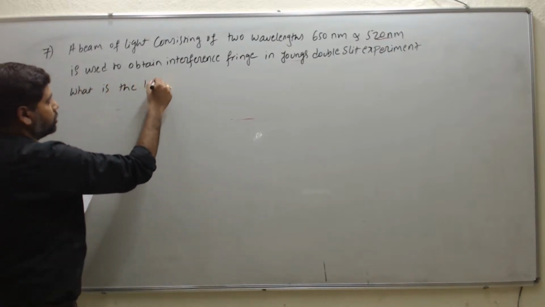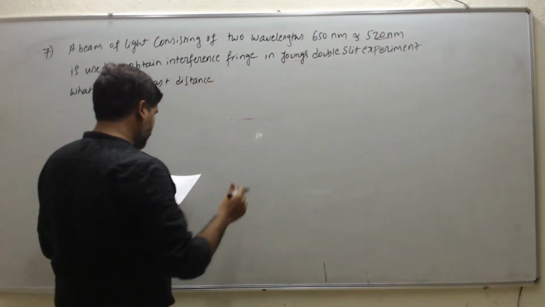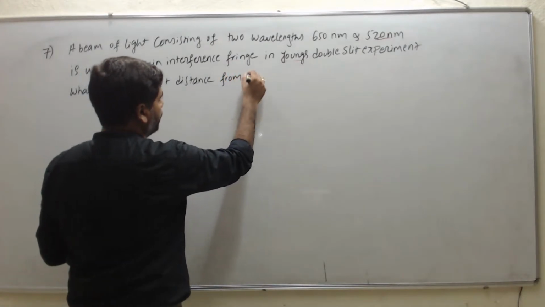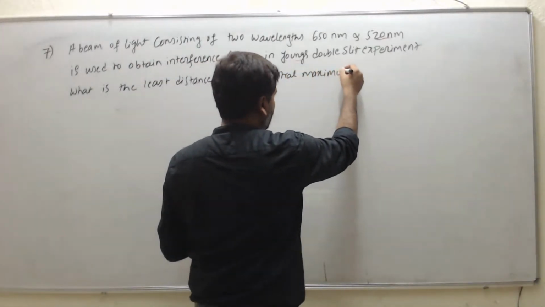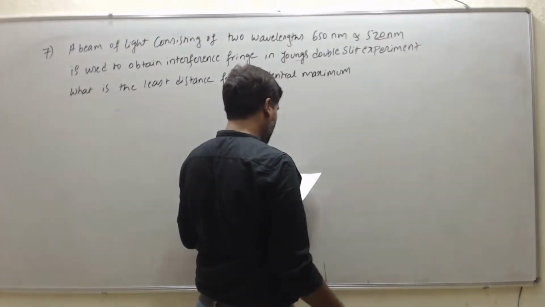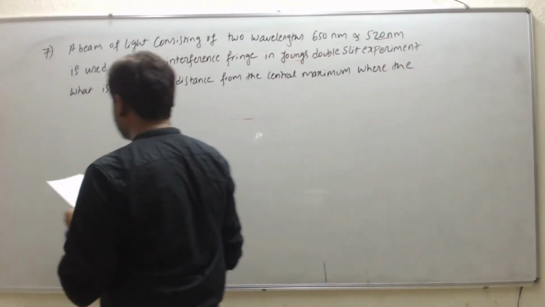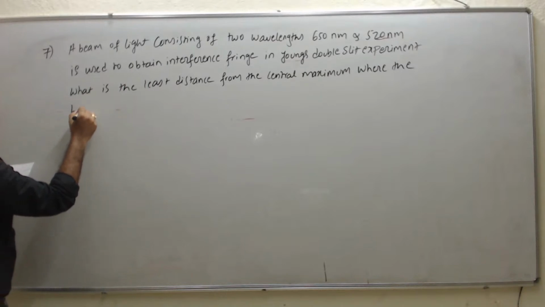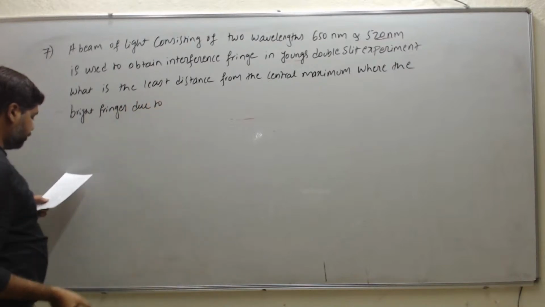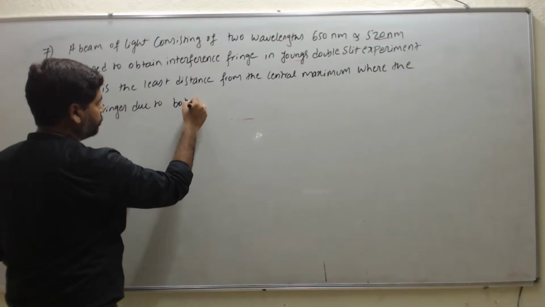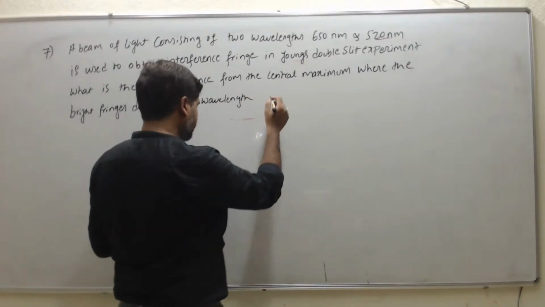What is the least distance from the central maximum where the bright fringes due to both wavelengths coincide?